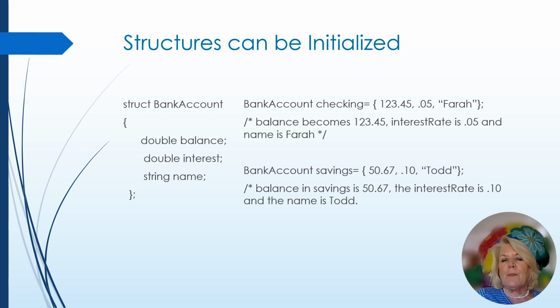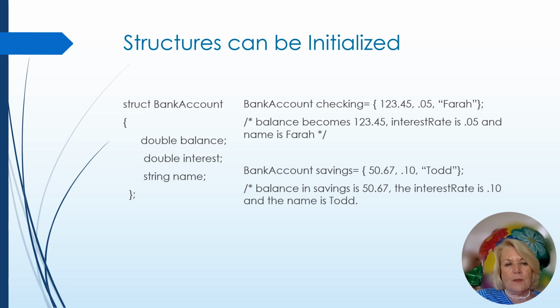And we use the assignment operator, and in curly braces, we list the 3 values for the 3 data members in order. So the first, the 123.45, that's going to be the balance. The interest is going to be 0.05, and then the name is going to be Farah. Now notice that the name is in double quotes because it is a string.